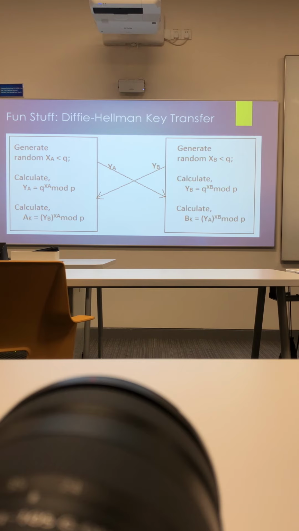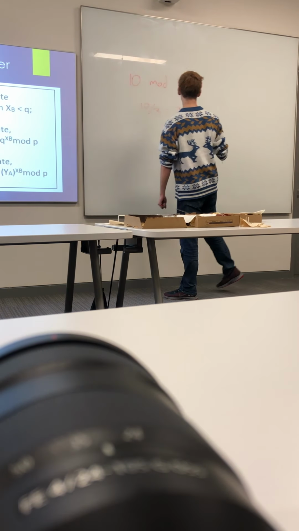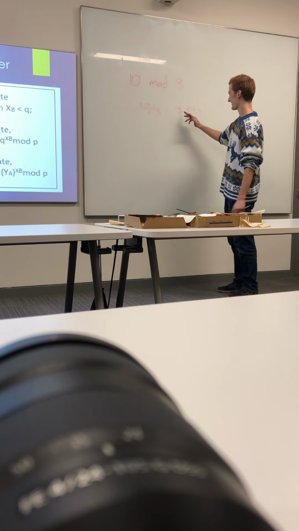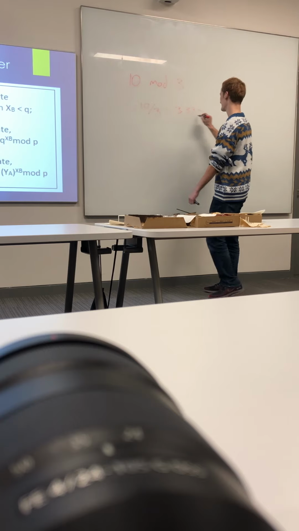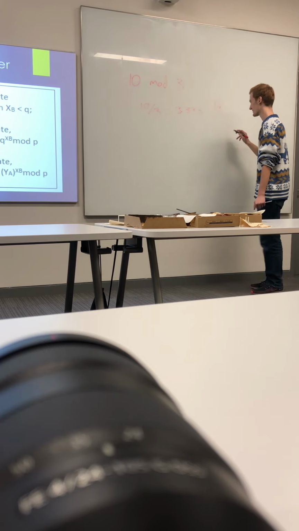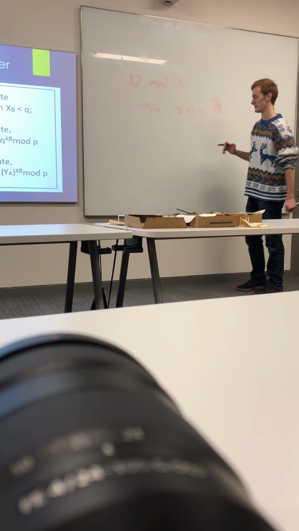So if we have 10 mod 3, what is 10 divided by 3? It's 3.333. But we don't care about the first 3, we just care about this part, which is actually 1 out of 3. And even more so, we don't care about this part, we just care about the 1. This is called the remainder.